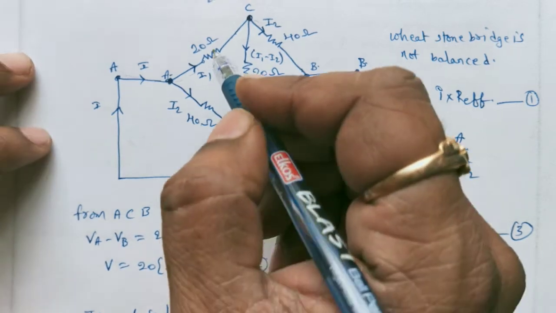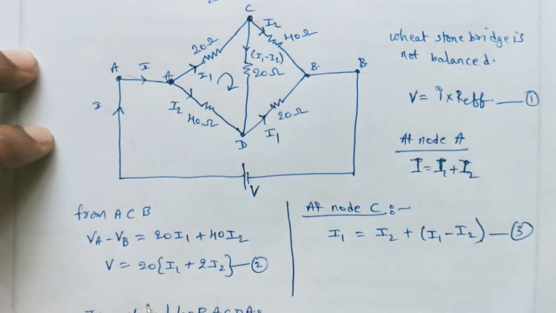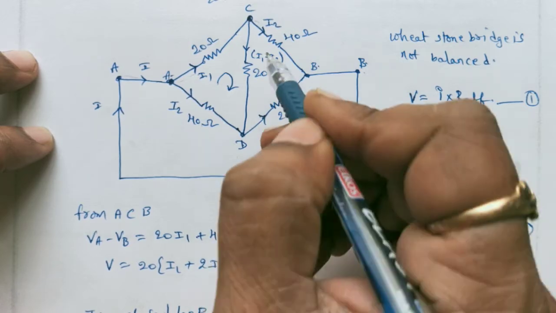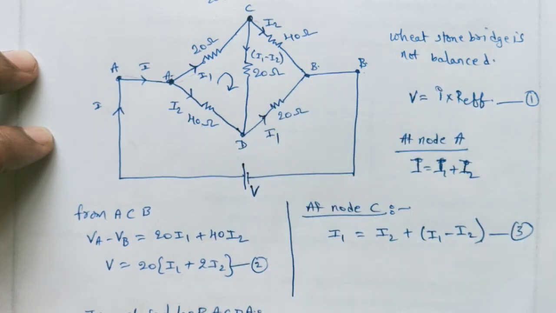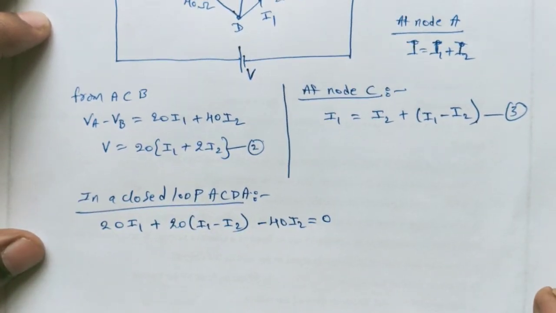Going in this direction, the current is in the same direction: 20 I1 plus 20 into I1 minus I2, but coming back is opposite direction, so minus 40 I2 is equal to 0. This is the equation in closed loop ACDA.